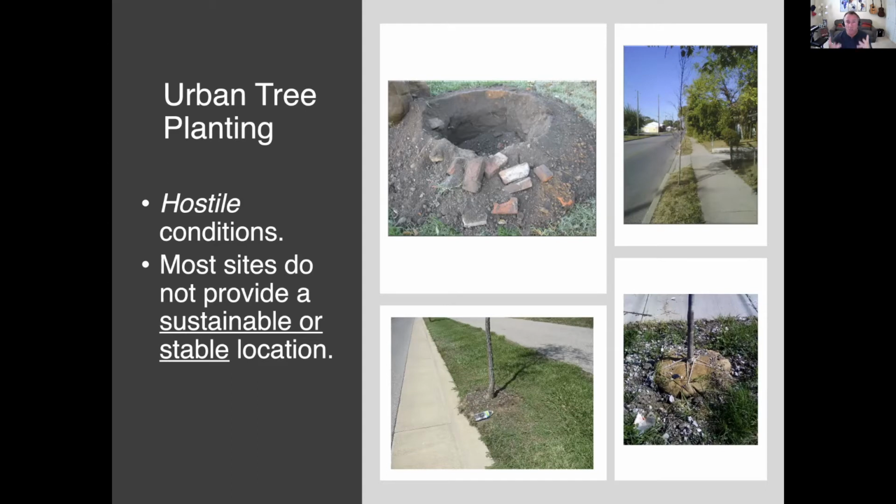We have very poor soil structure, limited soil volumes, alternating flooding and droughting, salt sprays, chemical poisoning of the soil, temperature extremes. You know, it's a wonder trees survive at all.